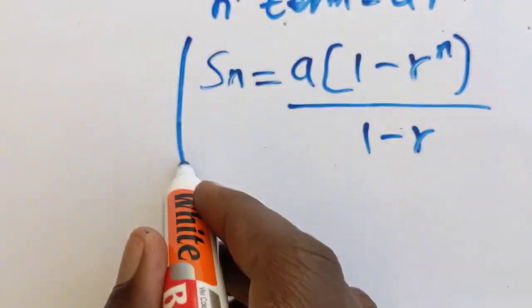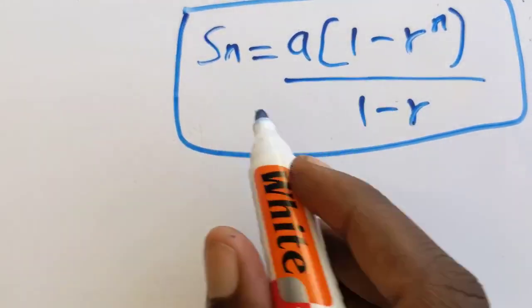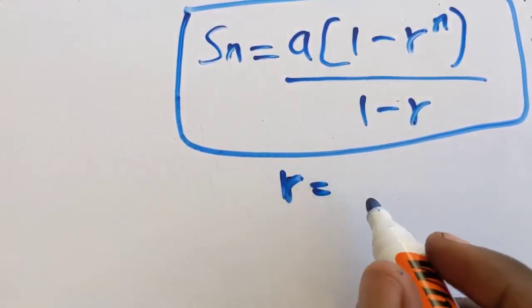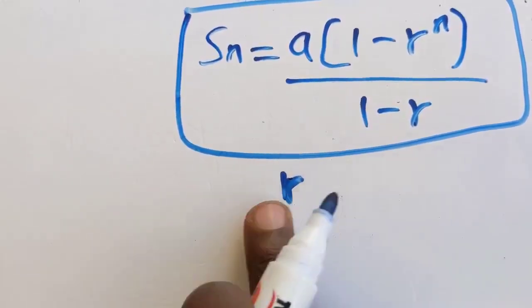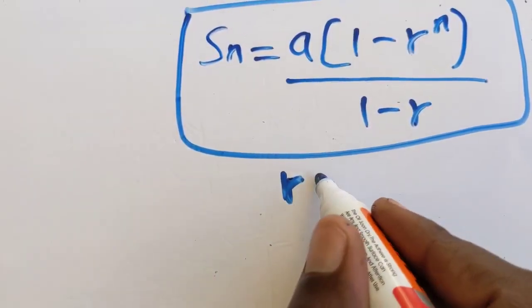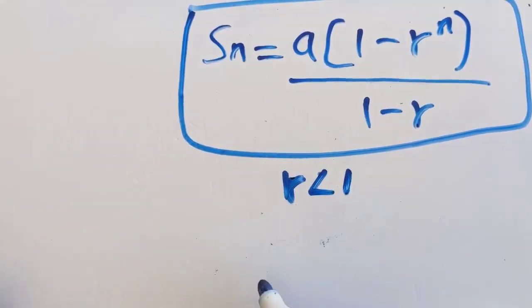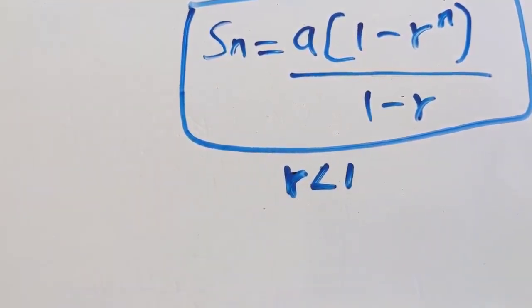So this formula we only use when the common ratio is less than 1. What do I mean by less than 1?